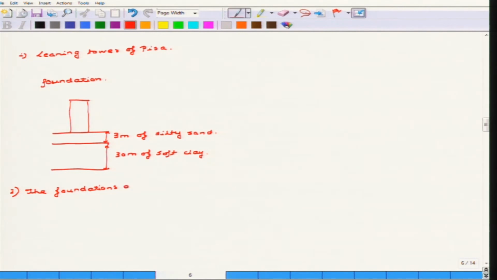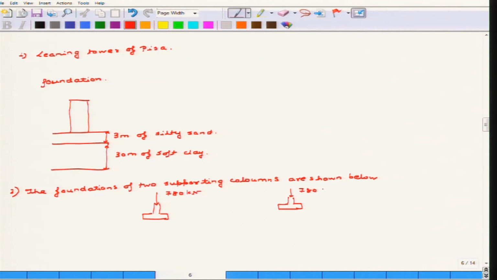Foundations of two supporting columns are shown below, just like the same thing that I showed you earlier. A load of 780 kilonewton, the load is the same in both the columns, and the foundations are also the same, both of width 1.5 meter into 1.5 meter.